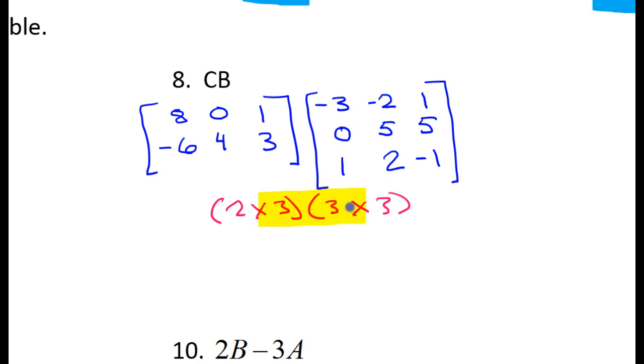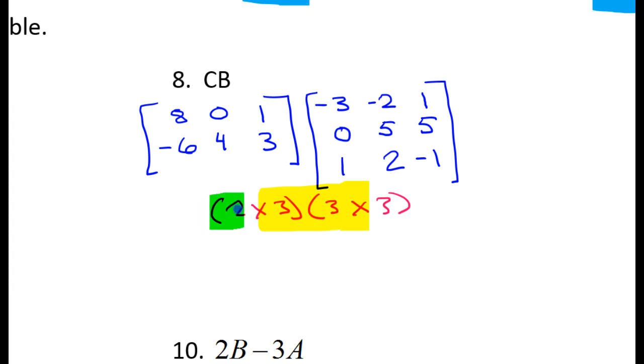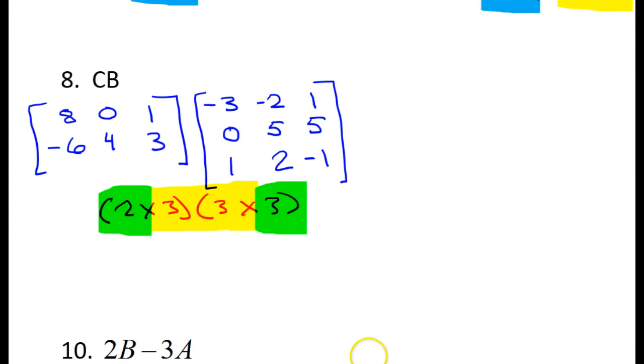The inner dimensions have to be the same, and they are. So that's great. So far so good. In addition to that, we know what the dimensions of the answer will be because that comes from the outer dimensions. So the product of C times B will be a 2 by 3 matrix.